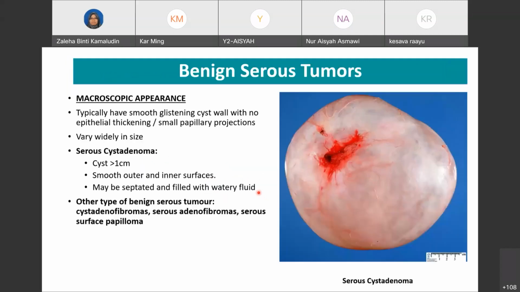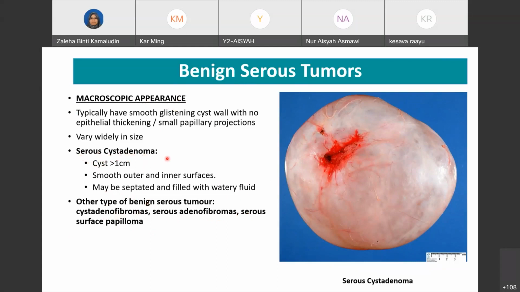This is an example of the gross finding of a benign serous tumor. The benign serous tumors include serous cystadenoma, cystadenofibroma, serous adenofibroma, and serous surface papilloma. This is nice to know, but you have to know in detail about the serous cystadenoma.